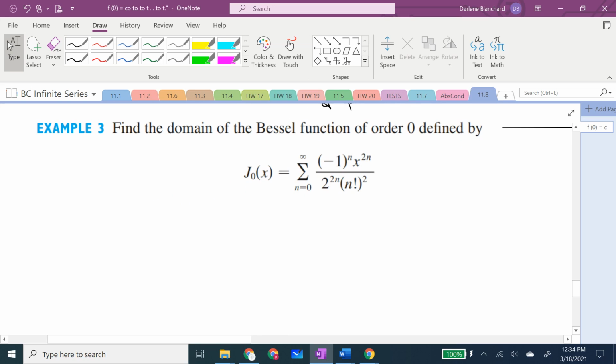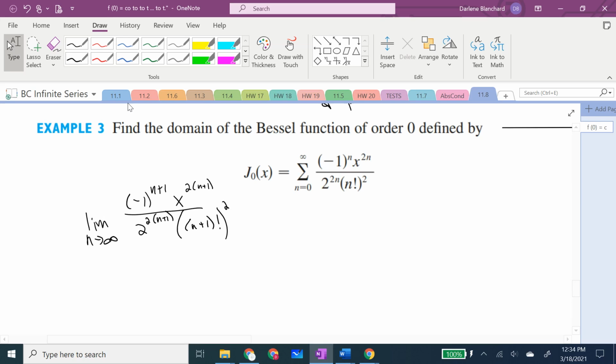So let's do that. You're going to write limit as n approaches infinity, and then you're going to have the n plus 1. And then you're going to multiply by the reciprocal of the formula.